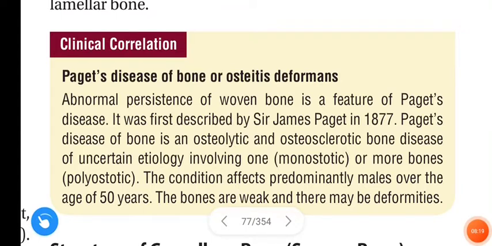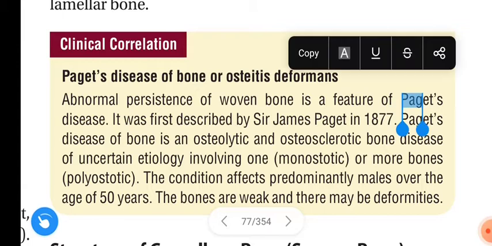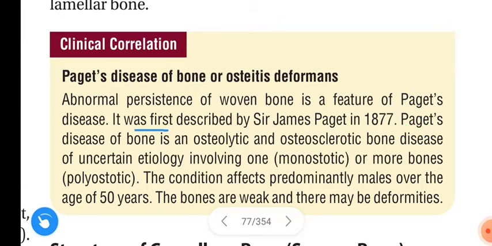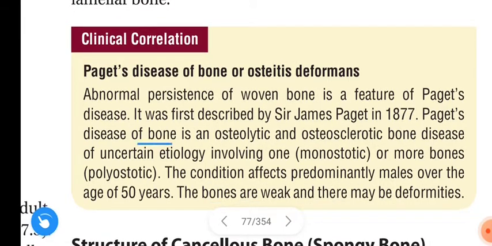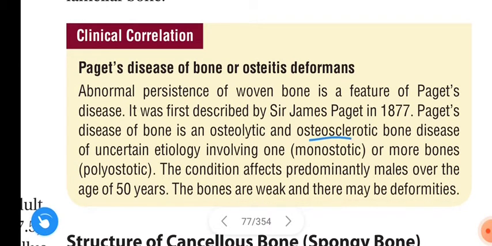A clinical correlation is given here. What is Paget's disease of bone, or osteitis deformans? Abnormal persistence of woven bone is a feature of Paget's disease. It was first described by Sir James Paget in 1877. Paget's disease of bone is an osteolytic or osteosclerotic disease of uncertain etiology involving one bone, which is monostotic, or more bones, which we call polyostotic.